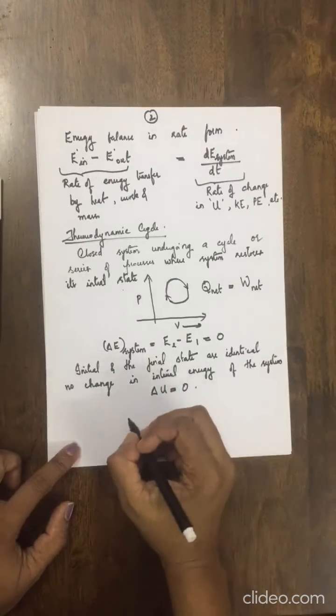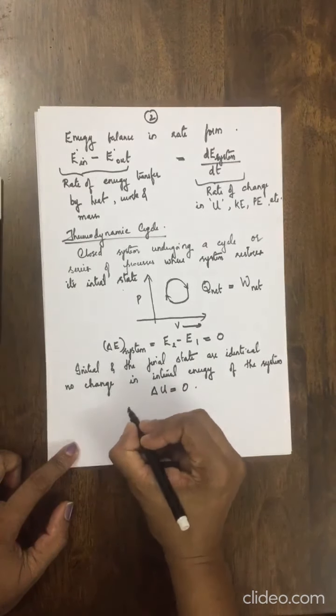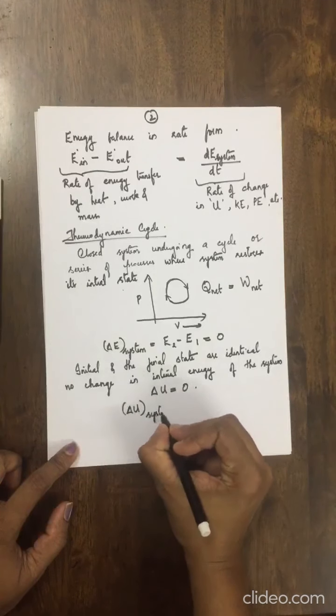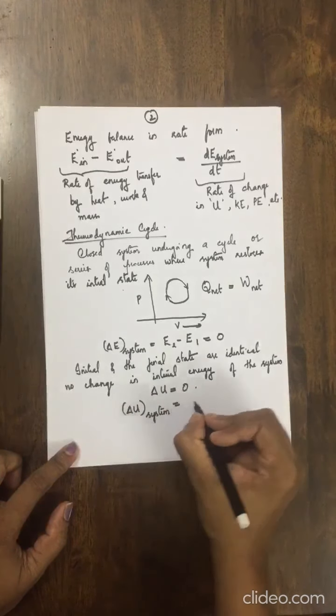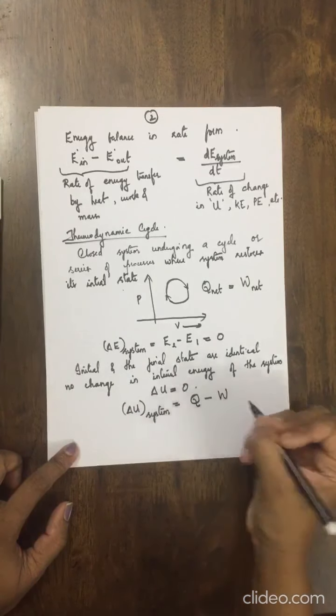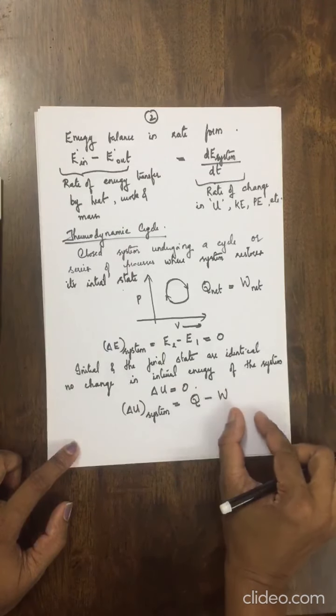So what is the mathematical statement for the first law of thermodynamics? Del U of system, the change in internal energy of the system, is equal to heat added into the system minus the work delivered by the system onto the surroundings.